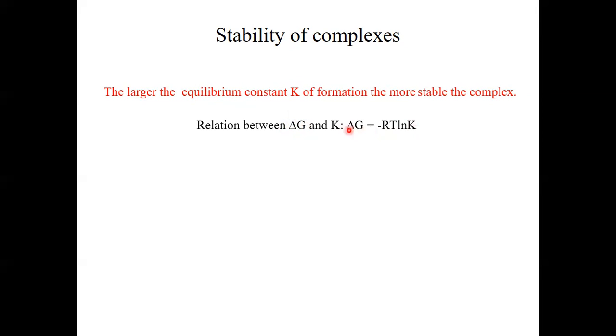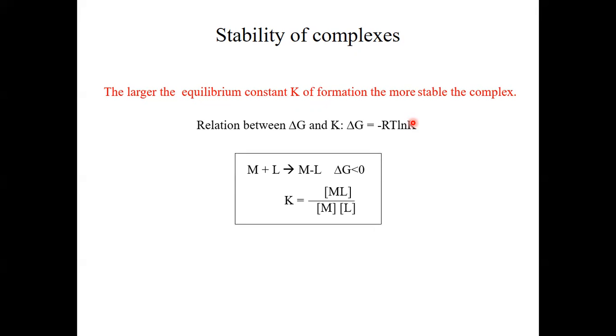The K value is directly related to the delta G value of the respective chemical reaction. Both are connected by this van 't Hoff equation here, which you've probably seen before. It says that delta G is minus R times T times ln K. That means that the larger K is, the more negative delta G becomes.